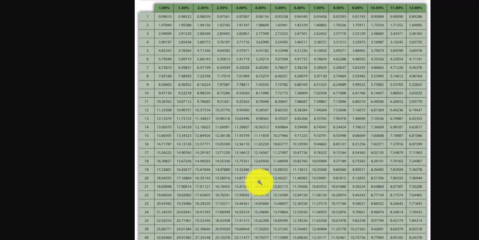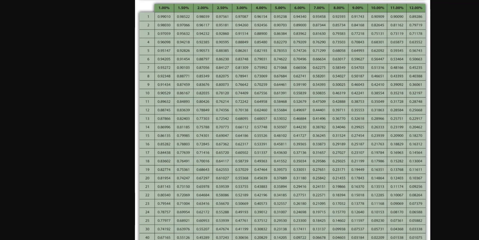And so 13.59033 is the present value of the annuity for the interest, and then we go to the present value of a single sum, the same place, 4%, 20 periods, 0.45639.